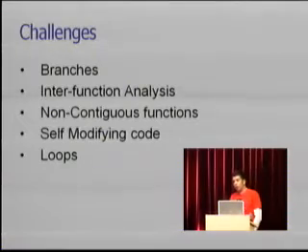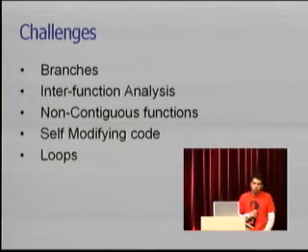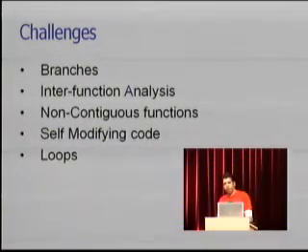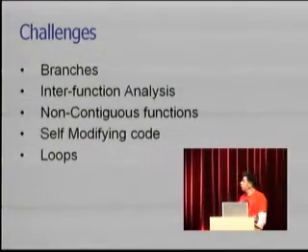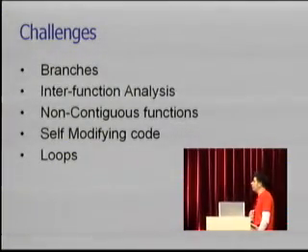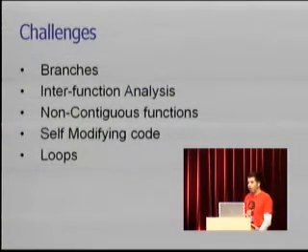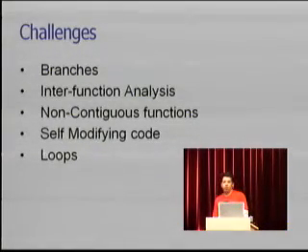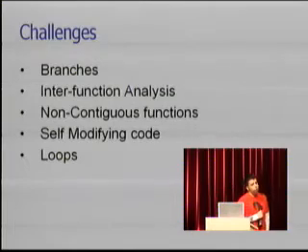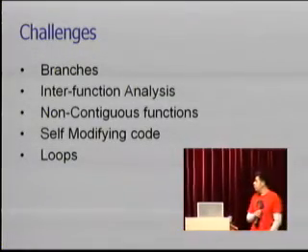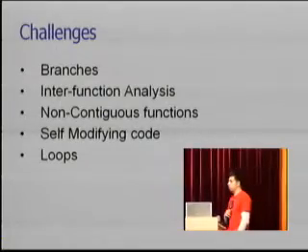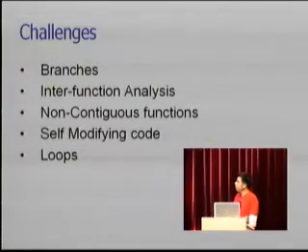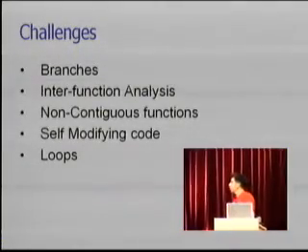If you do a lot of reversing of Microsoft stuff or patches, you'll notice lots of non-contiguous functions. Something else that can be a problem is self-modifying code, which we don't really care about because we're looking for vulnerabilities in vendor software, and I don't know any vendors that I want to own that use packers or self-modifying code. Usually it's just straight code.